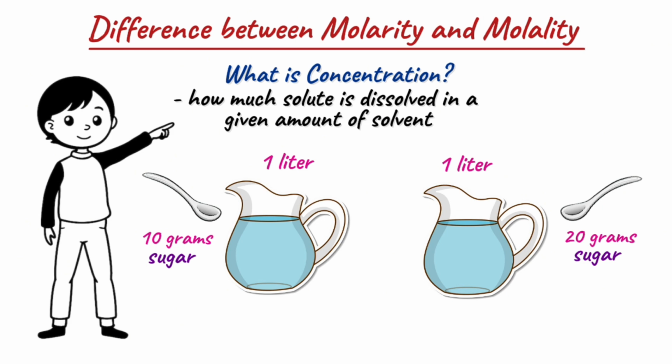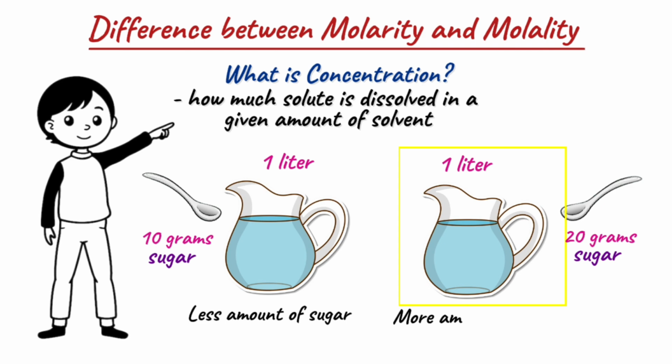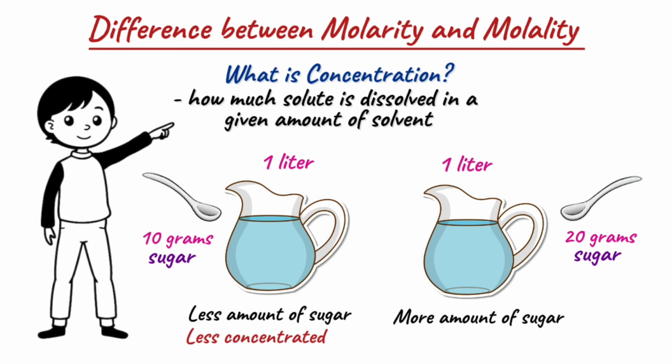We know that this solution contains less amount of sugar, while this solution contains more amount of sugar. So we say that this is less concentrated solution and this is more concentrated solution.